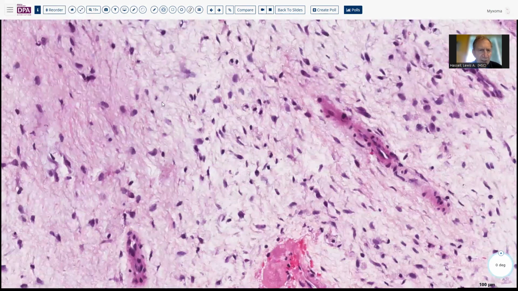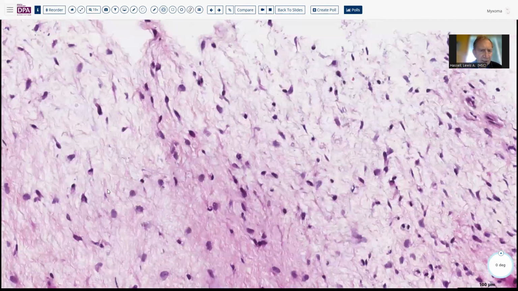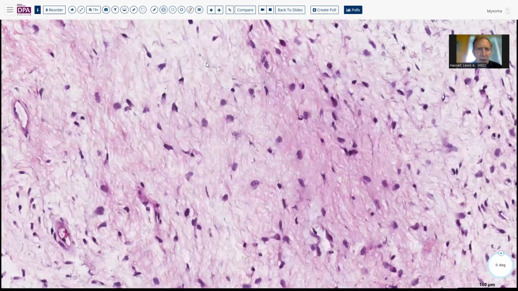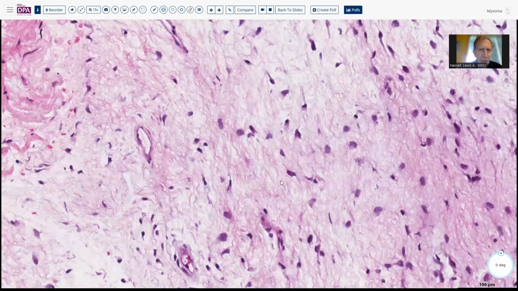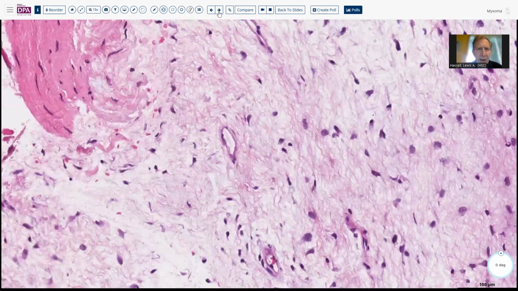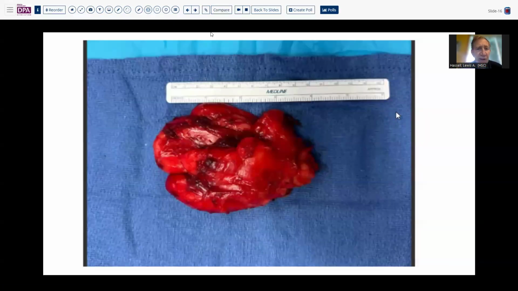So a myxoid low-grade spindle cell lesion could be a variety of things in this location, but certainly the most frequently encountered thing you'd be thinking about would be an intramuscular myxoma. But we shouldn't just stop at that and sign it out because there are a number of things that also could be present.